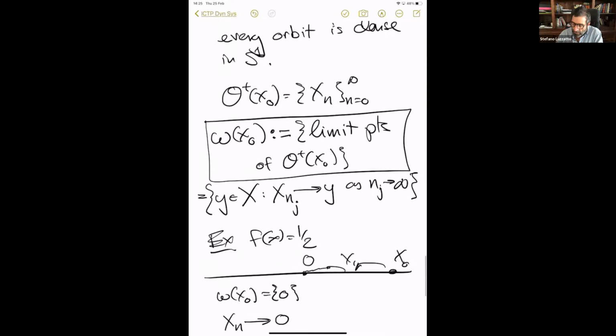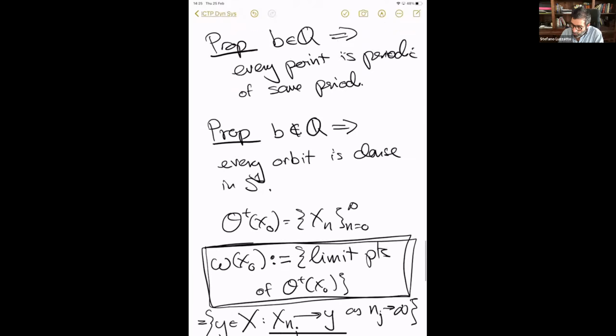But in general, a sequence might not be convergent, and it might have many subsequences that converge to different limits, and therefore it may have many limit points. The omega limit is the set of all the possible limit points.